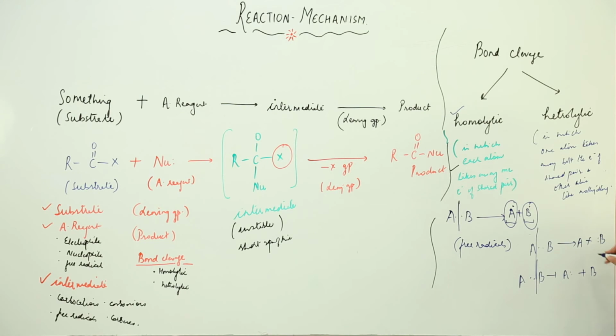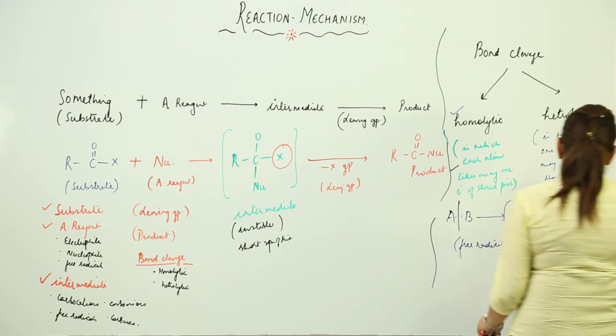Whether A takes both the electrons or B takes both, we result in the formation of one atom which is deprived of electrons, and the one which is deprived of electrons acquires a positive charge. The one which takes away the electrons has more electron density, so it acquires a negative charge. Here, because A took both the electrons, it will acquire a negative charge and B will acquire a positive charge.